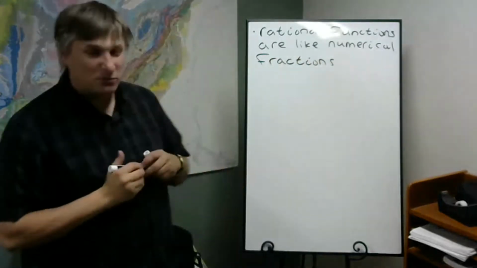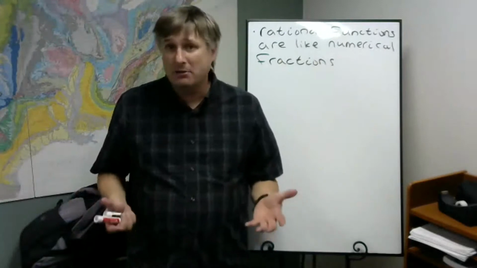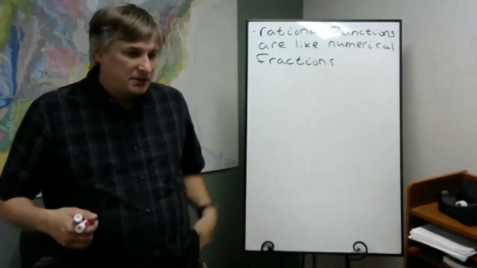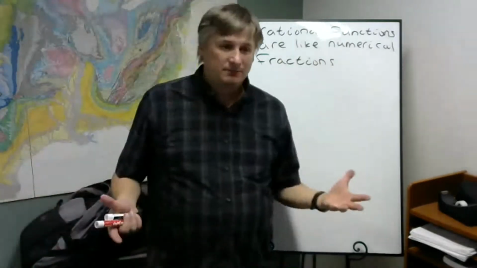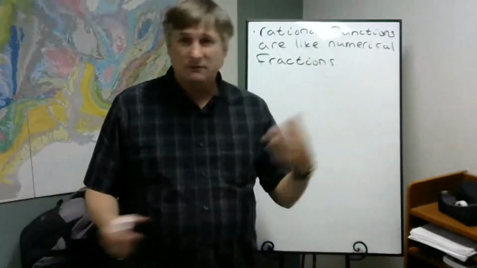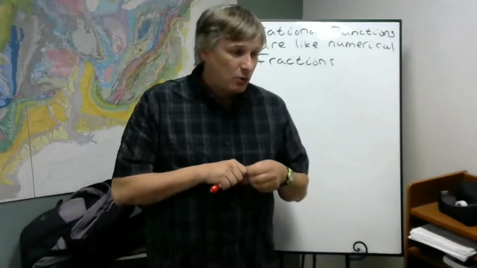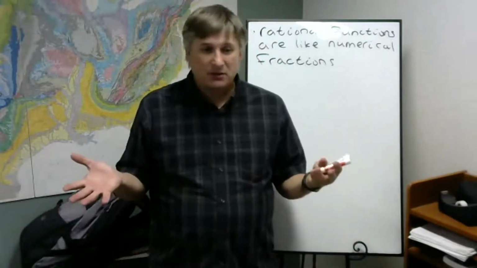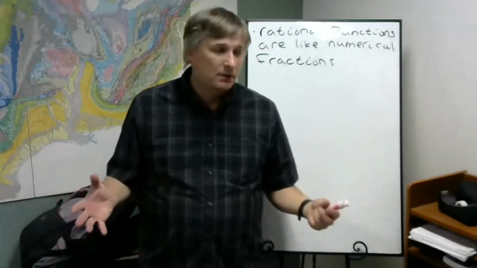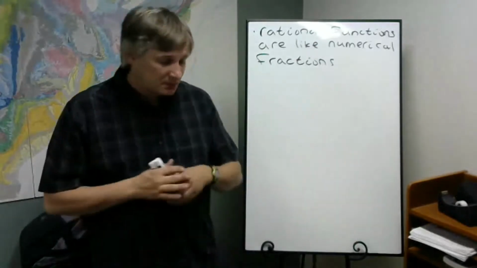So that's what we're going to pretty much be looking at in 6.1 and 6.2 from here on out. We're going to basically talk about reducing these, basically a fraction of functions, multiplying them, dividing them, and then adding and subtracting them. And we'll encounter this thing called a complex fraction. We're going to have a similar thing here, a complex rational function.